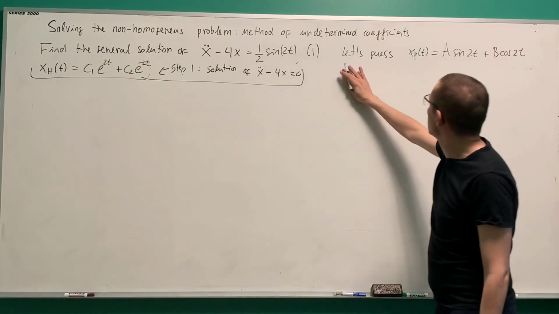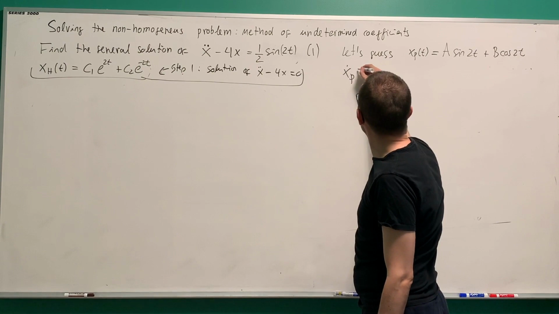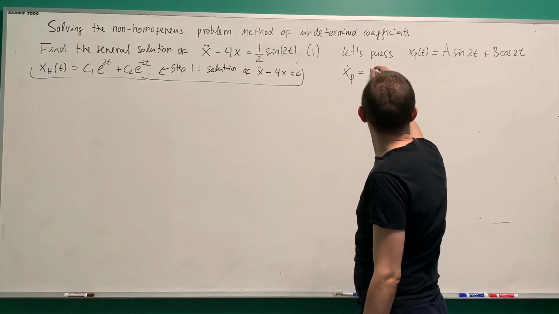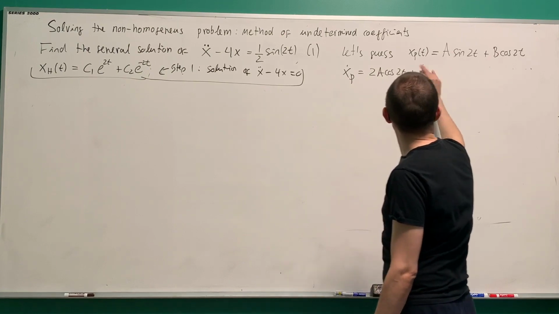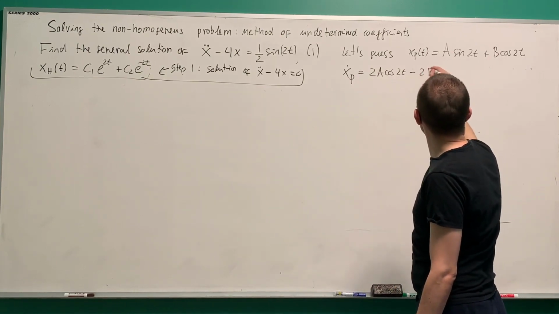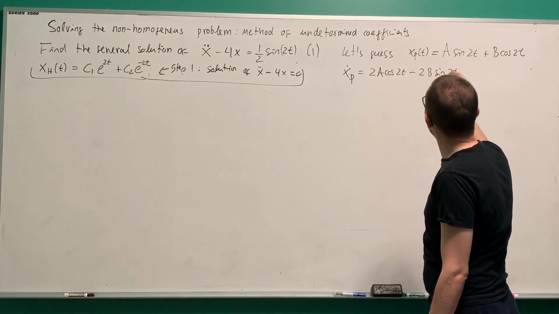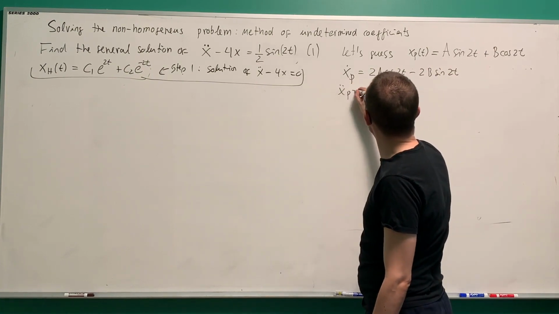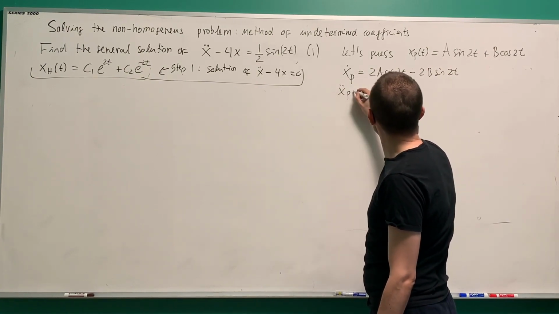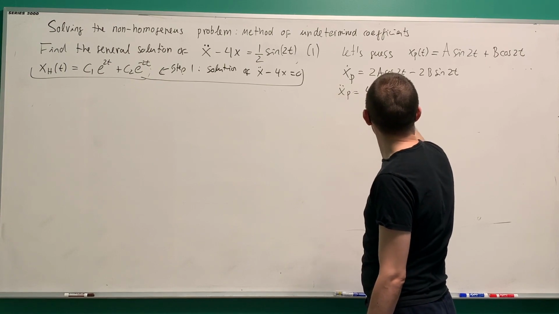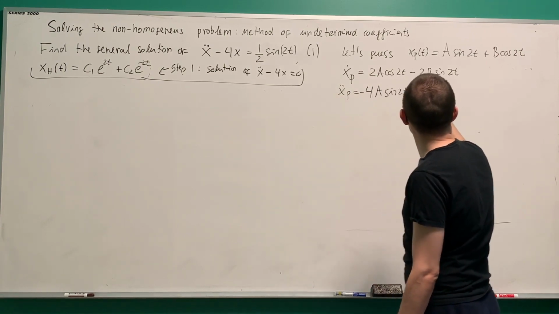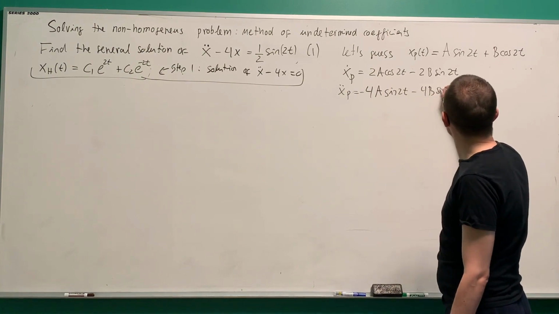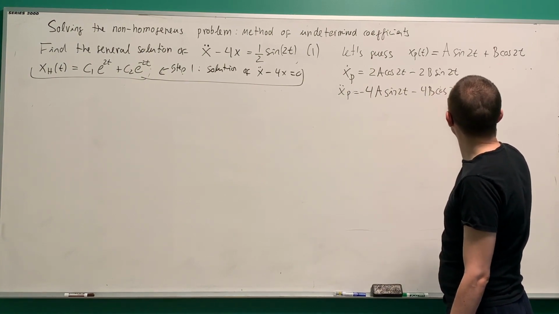That means the first derivative of the particular solution is going to be twice a cosine 2t minus twice b sine 2t, and the second derivative will be minus 4 times a sine 2t minus 4 times b cosine 2t.